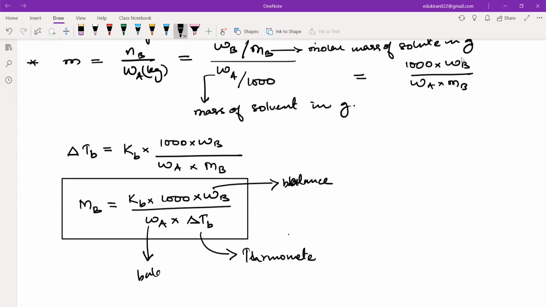Here also you need balance, है ना? 1000 तो 1000 है. KB आपको कहाँ से मिल जाएगा? KB मिल जाएगा आपको डेटा बुकलेट, बस, and you can now know the molar mass of something. So experimentally if you see, it is very unique. It's very beautiful and very easy in how you can calculate the molar mass of anything.